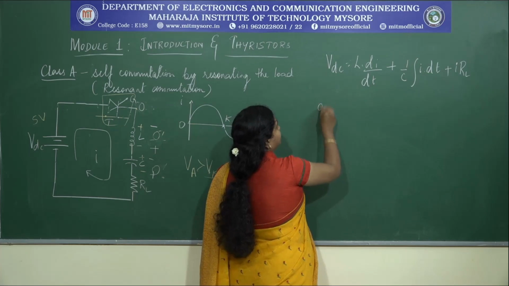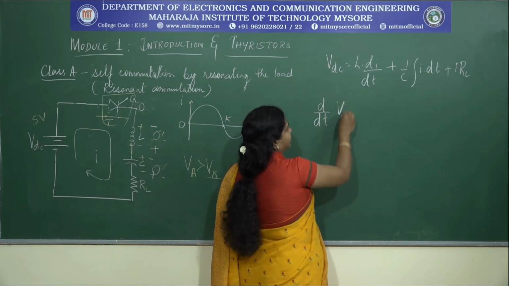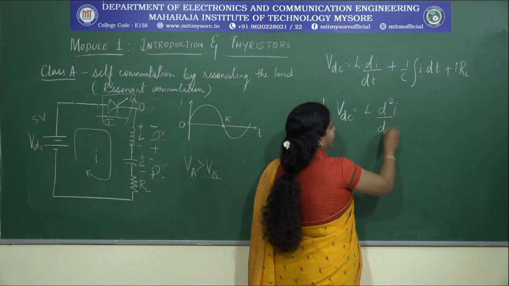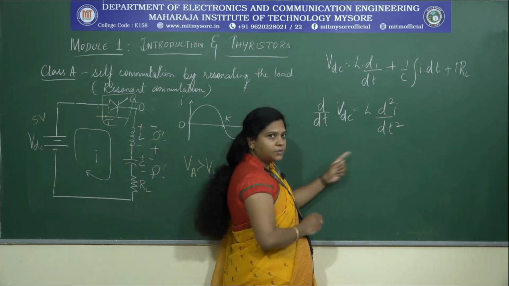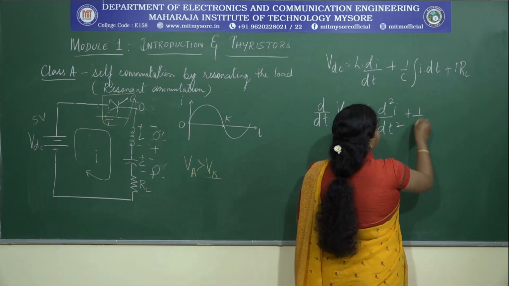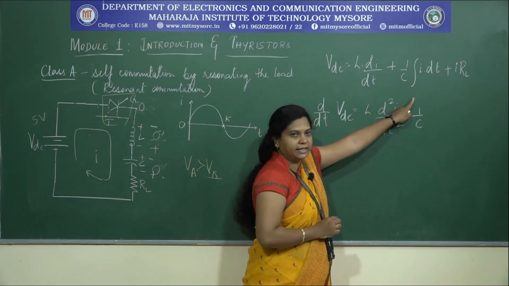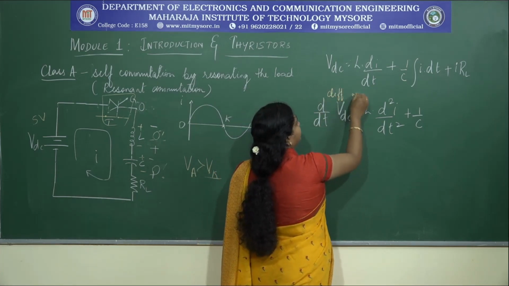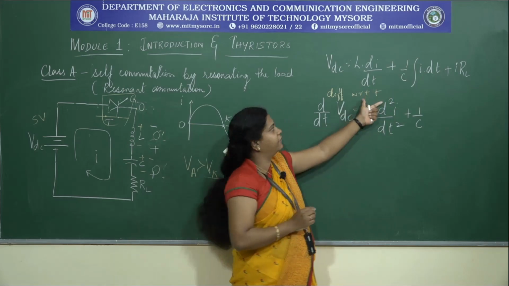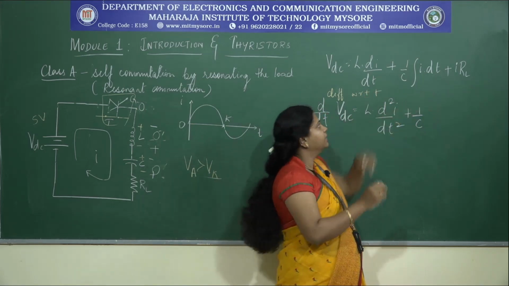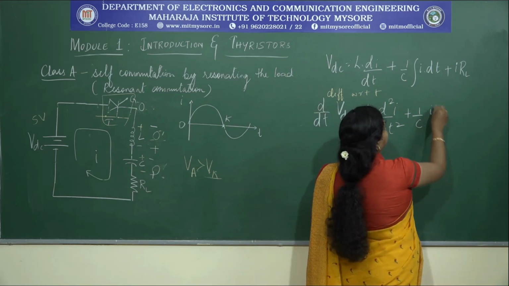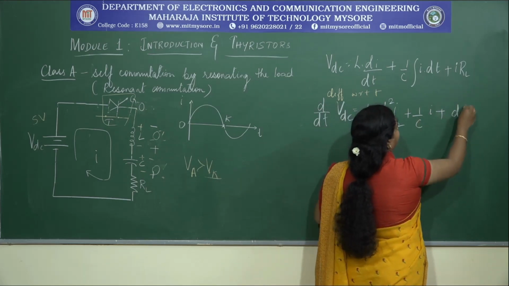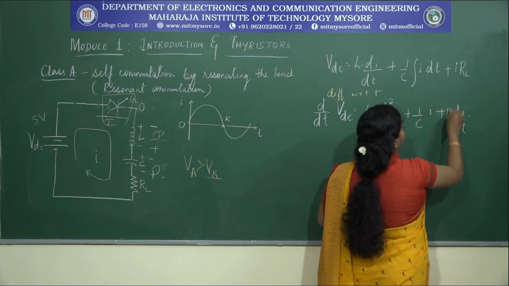What will you get? d by dt of VDC is equal to L into d square I by dt square plus 1 by C. You have an integration term, so differentiating with respect to t, the integration gets cancelled and the remaining term is I, plus di by dt into RL.